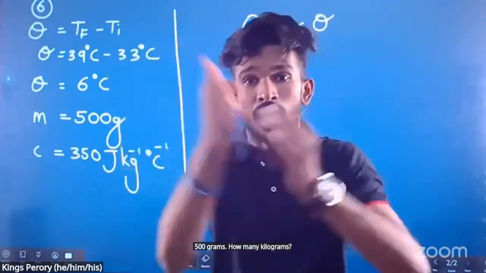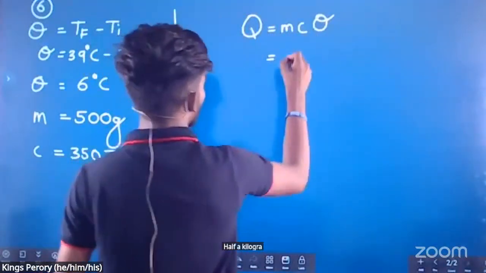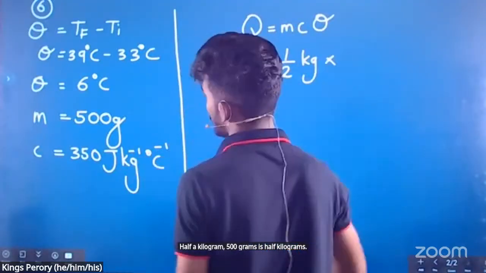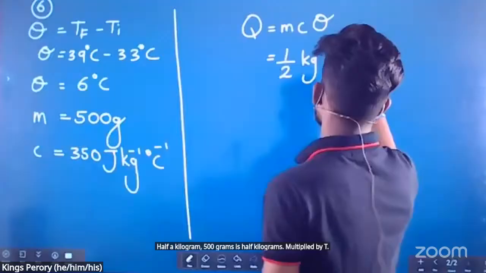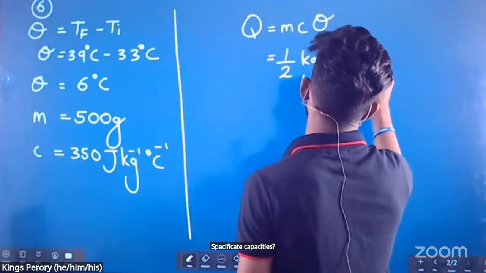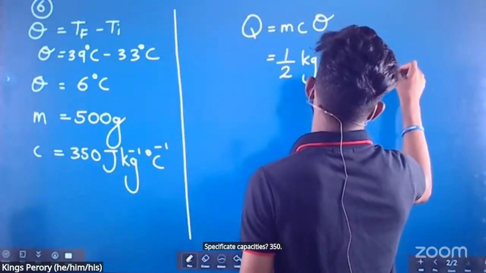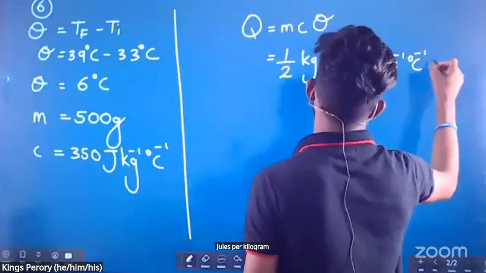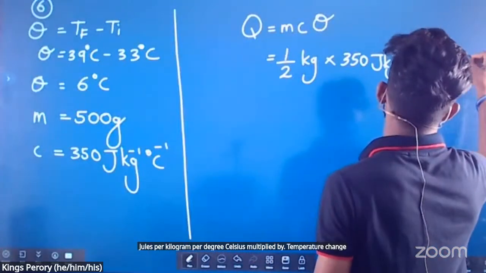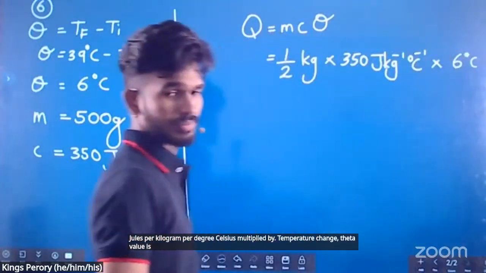Half a kilogram. So half a kilogram multiplied by C, the specific heat capacity, 350 joules per kilogram per degree Celsius, multiplied by the temperature change. Theta value is 6 degrees Celsius.